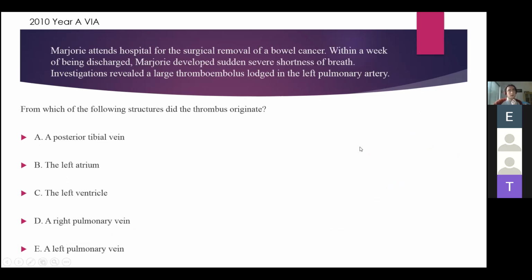In terms of specific anatomy, you don't really need to know the specific anatomy of the vessels in the leg. It's good to know your arteries, but there were no questions on it in any of the VIAs you have access to.